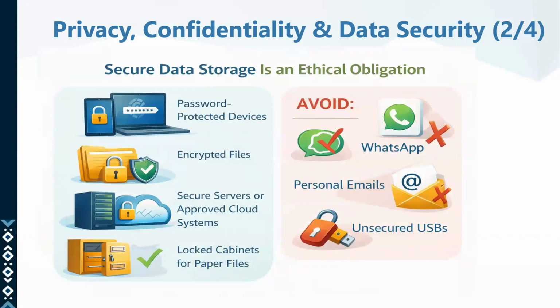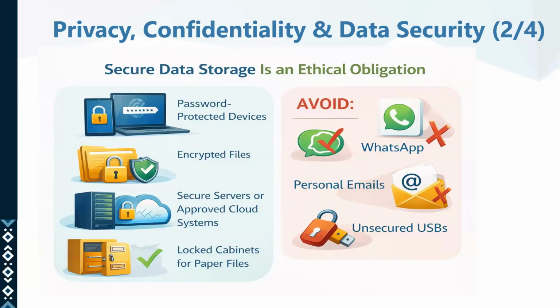Data security includes the use of well-protected devices, encrypted files, secure servers or approved cloud systems, and locked cabinets for paper files. It is even advised to use the double lock principle.